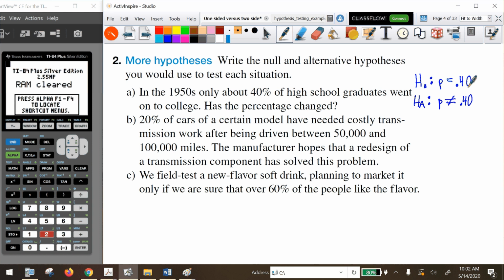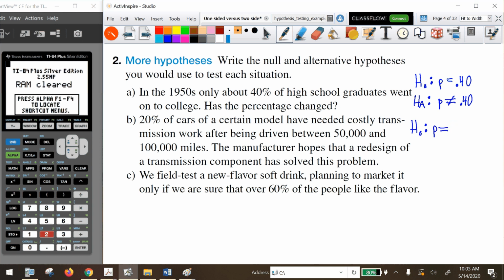All right. 20% of cars of a certain model have needed costly transmission work after being driven between 50,000 and 100,000 miles. The manufacturer hopes that a redesign of a transmission component has solved this problem. So 20% of the cars need to have their transmission fixed. That's our null hypothesis, that it has not fixed the problem, that it stays the same.